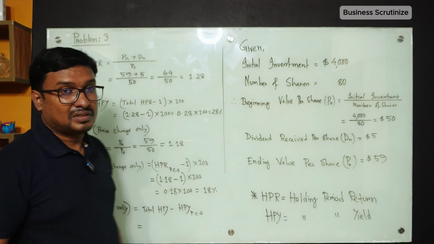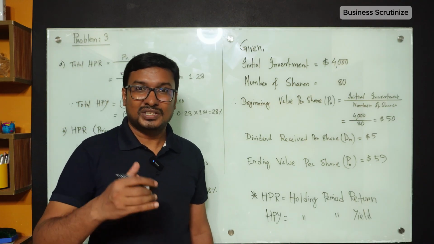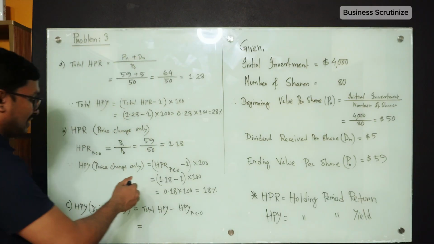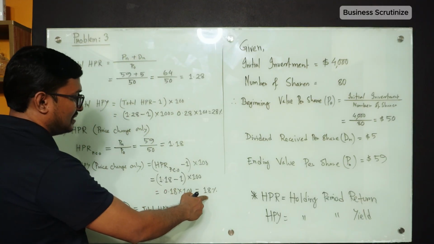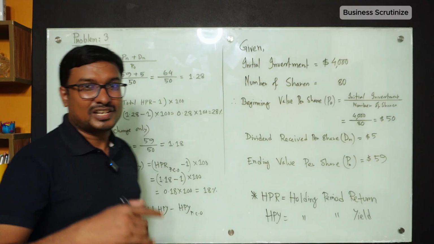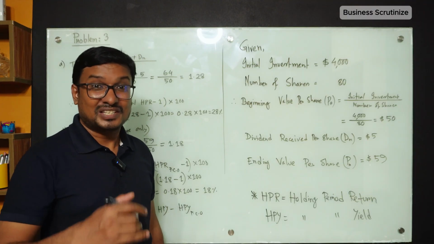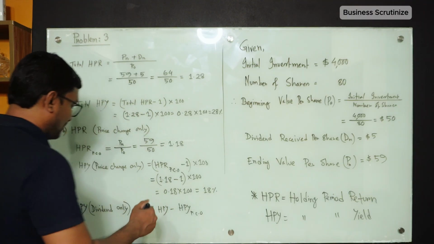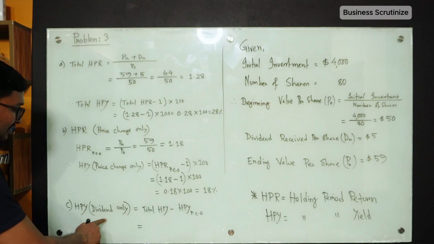So considering only price, we compute that the HPY is 18%, and before we saw that the total HPY is 28%. Now we will be able to compute the last requirement, HPY when dividend only.